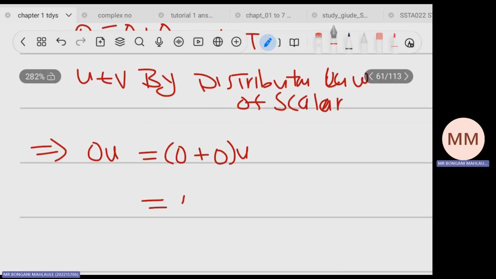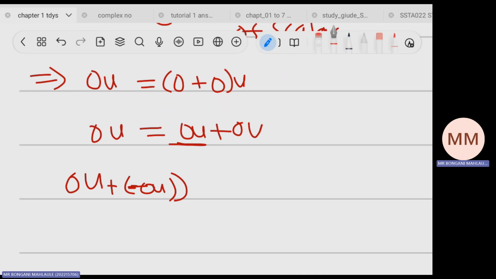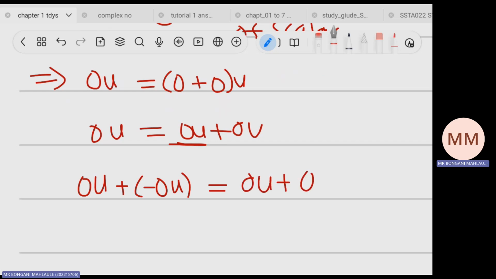And this will be equivalent to 0u plus 0u. Then this will be 0u plus minus 0u. Here I just introduce a negative 0u. You just add it like this, the same way as in the previous proof.